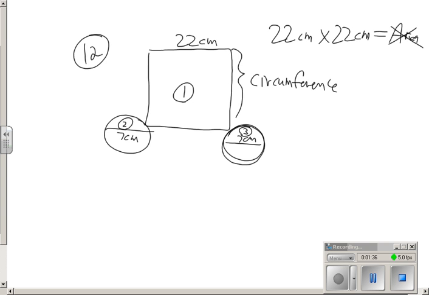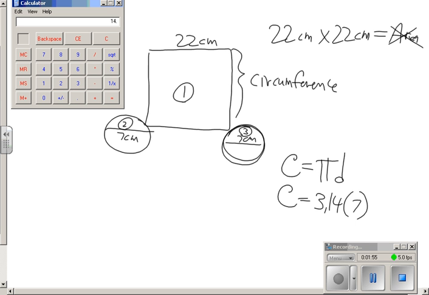So how do I calculate the circumference of a circle? Well, I know the formula for circumference of a circle is equal to pi multiplied by diameter. So in this particular circle, we have 3.14 multiplied by the diameter, which is 7 centimeters. Oh, if you're like me, you realize now that it's not going to be 22, but it'll be pretty darn close.